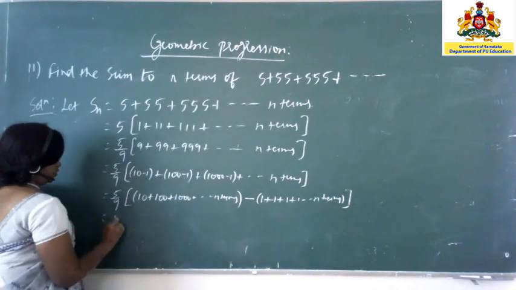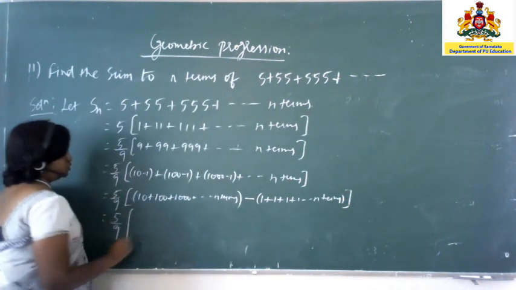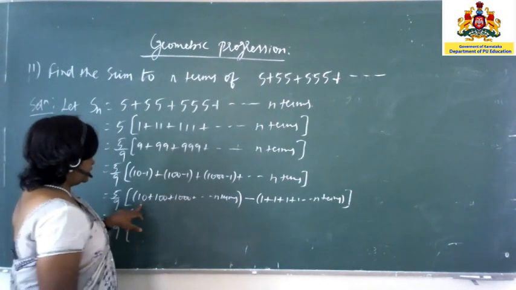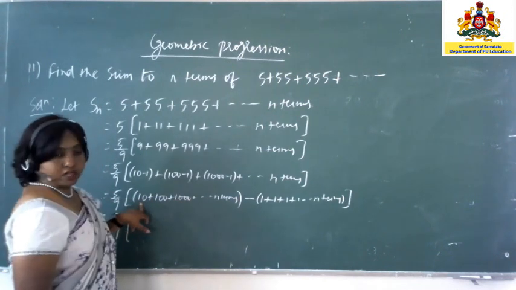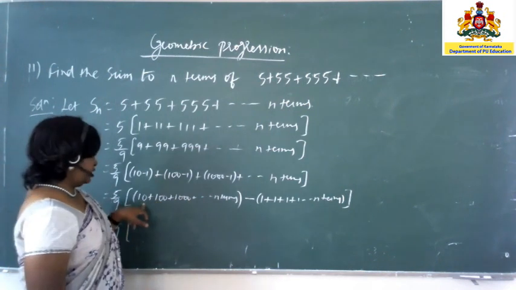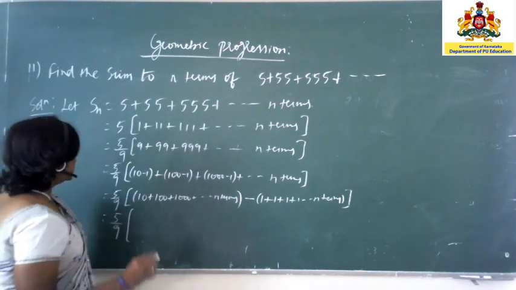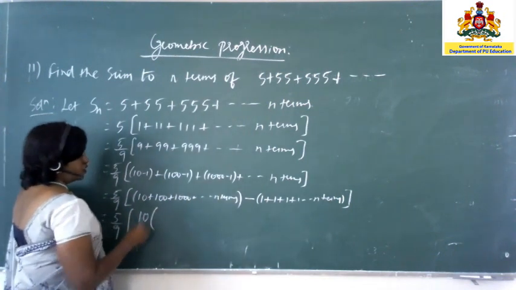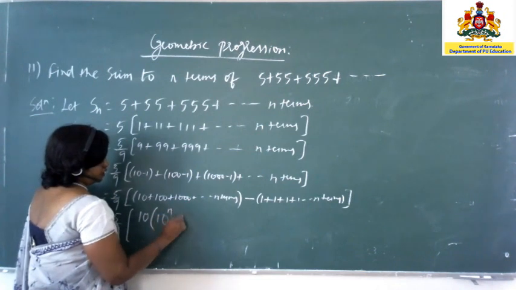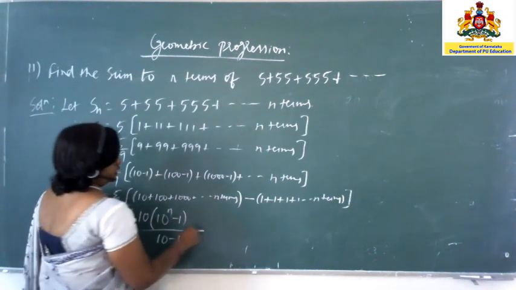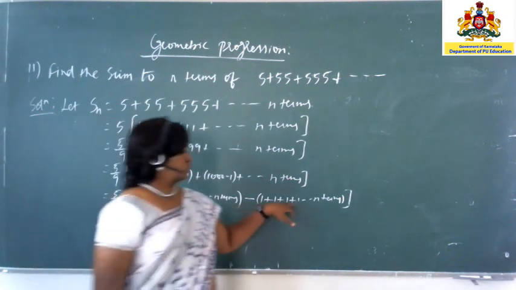So this is equal to 5 by 9 into 10 plus 100 plus 1000 so on up to n. This is in GP, where a is 10 and the common ratio is also equal to 10. That is 100 by 10, you will be getting 10 itself. So according to the formula, a into r to the power of n minus 1 divided by r minus 1, 10 into 10 to the power of n minus 1 divided by 10 minus 1.